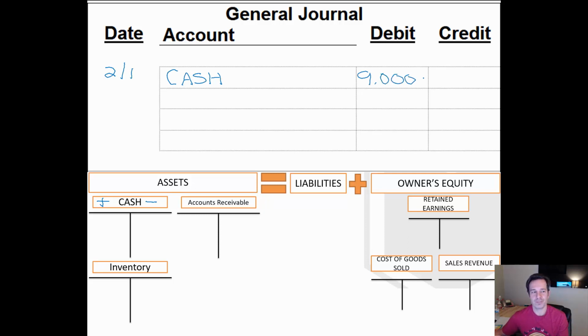$9,000. How did I get that $9,000? What did I do to get it? Did I borrow it from the bank? The way I got that $9,000 is I sold stuff. I got sales revenue. So if I know I've got $9,000 in cash on the debit side, that sales revenue must be my credit.